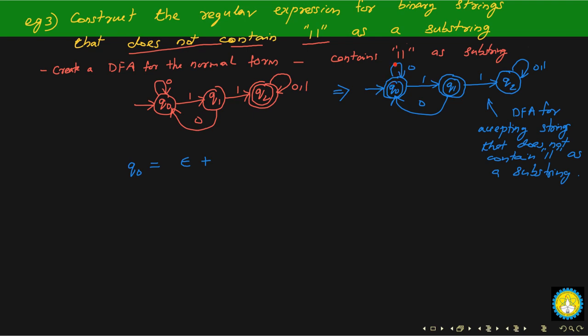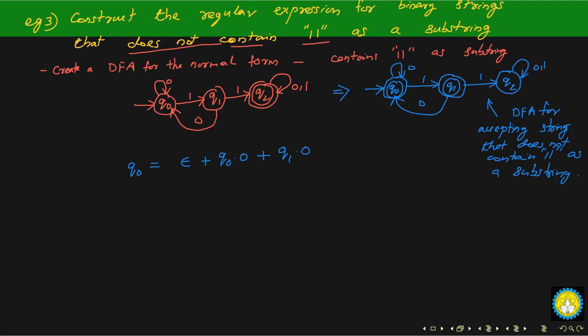One more possibility is from Q1: if you get a 0, you can reach Q0. So it can be written as epsilon plus Q0 with 0 plus Q1 with 0. This is the expression for Q0.